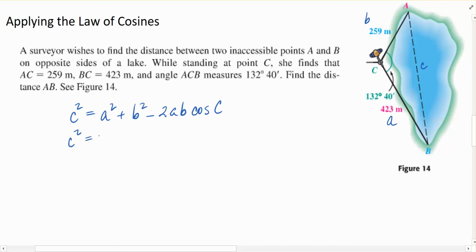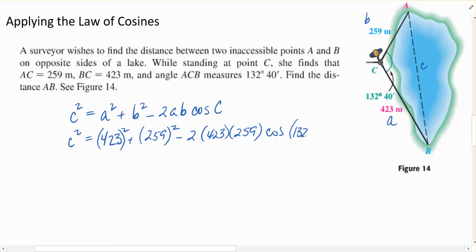I know that a is 423 meters, squared, and b is 259, squared, minus 2 times those numbers, 423 and 259, times the cosine of 132 degrees 40 minutes. Now it really becomes a calculator problem to come up with the answer we're looking for.